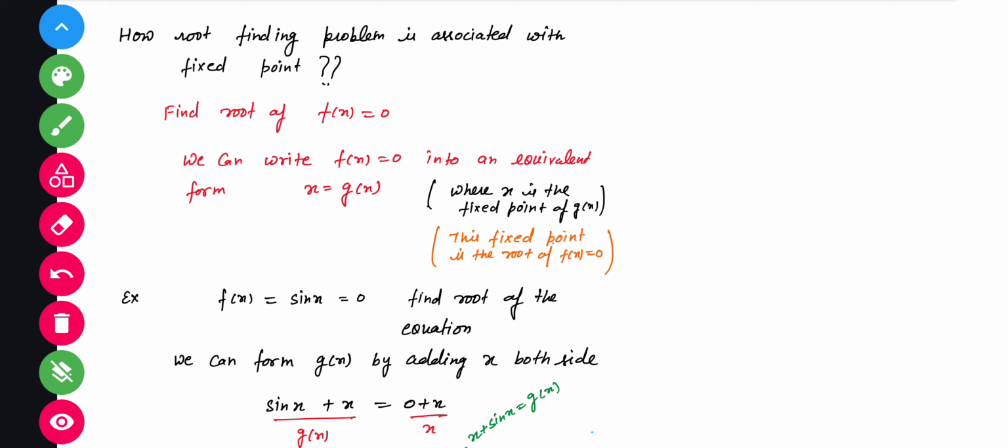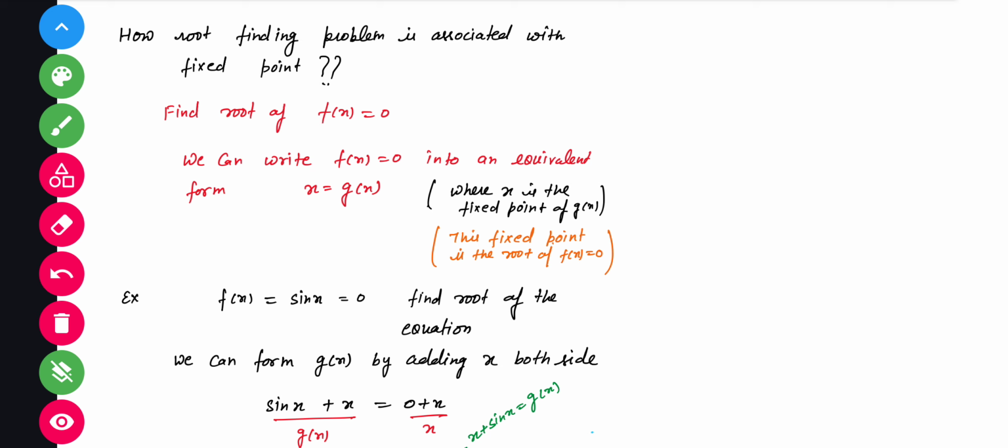So we represented f of x in the form of x equal to g of x. So this g of x is a function. If we find the fixed point of this g of x, that fixed point will be the root of f of x. So that is the main concept.